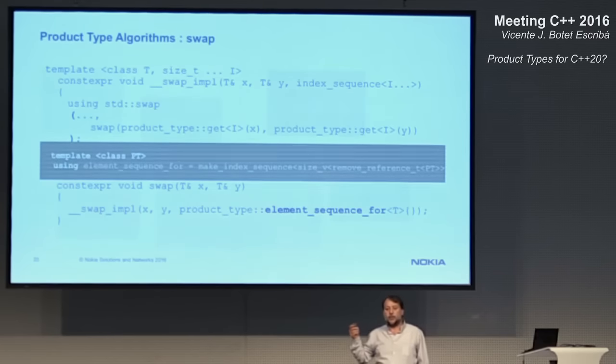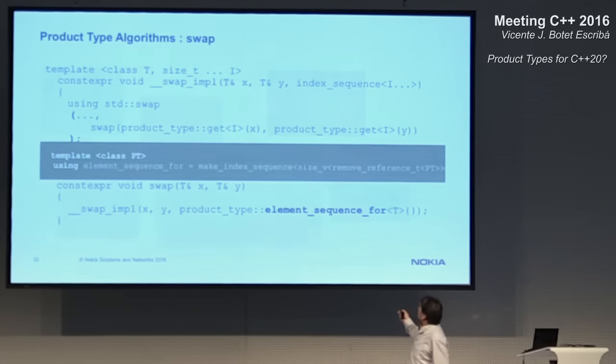With pack types, it could look much better. We will not need to use this trick to pass the index to an auxiliary function so that we have a template parameter that we can expand on. Do all of you know the index sequence? All of you? No. Wow. Okay.